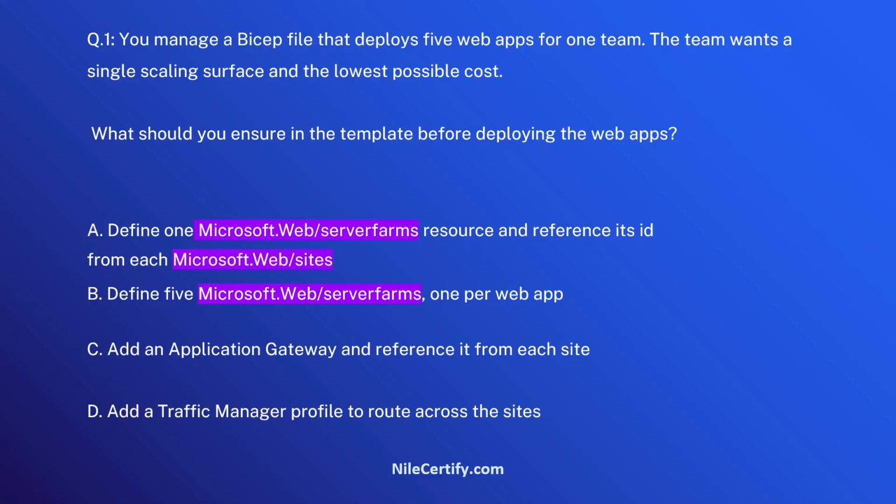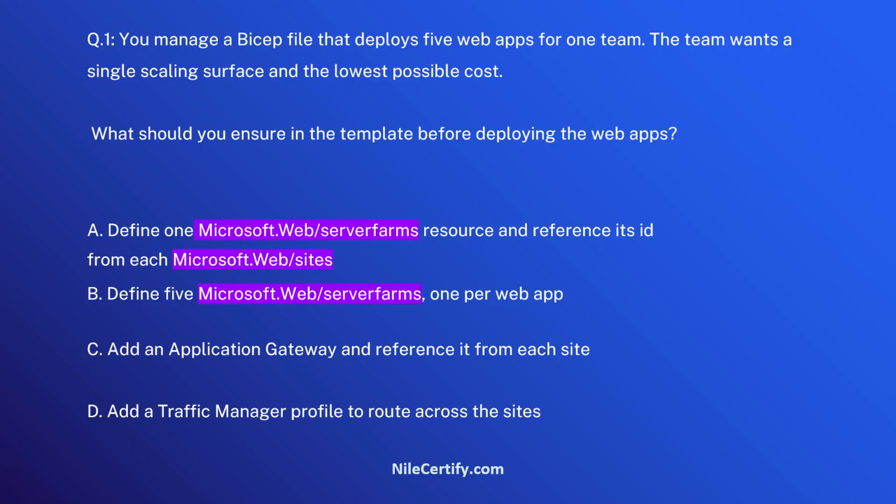The first option is one Microsoft.Web/serverFarms, so that's the App Service plan, and all apps reference it. Here we have one shared engine, and all 5 web apps run on the same compute pool. You also get one scaling service, which means just one slider to scale up or out.